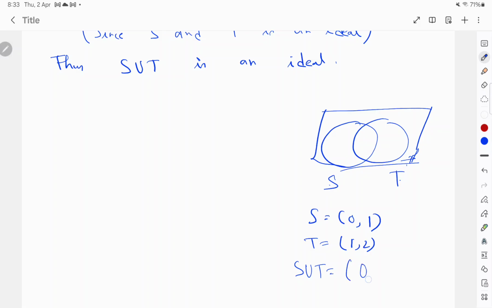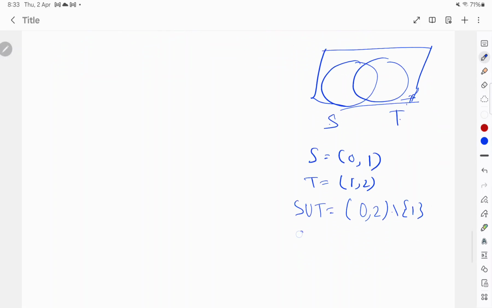You will say it is {0, 1, 2}. But if I ask what is your S plus T, you have to take all the possible combinations.